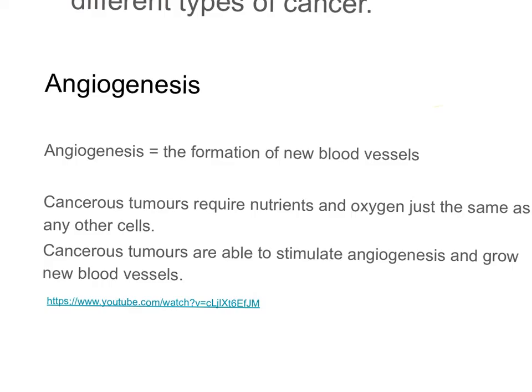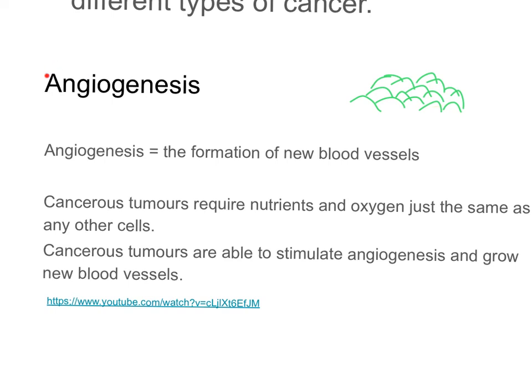Now, we talked about characteristics of life in that cells need to acquire nutrients and remove waste. Cancer cells are no different. The difference is that because they grow so rapidly, they don't always have a supply of blood vessels. So what they do is called angiogenesis.